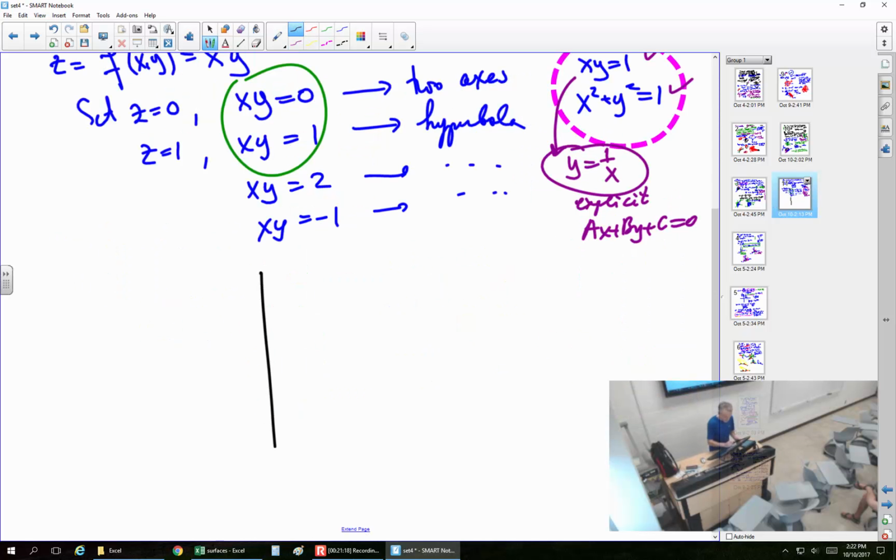So we take our xy plane and we plot all of these. I will start with the first one. So this one will be just going along the axes.